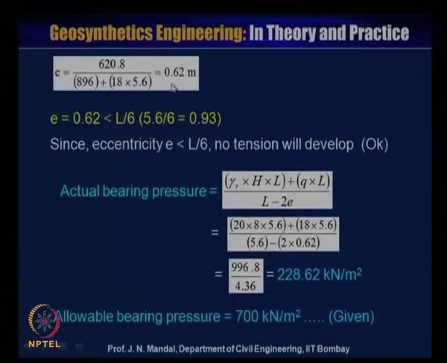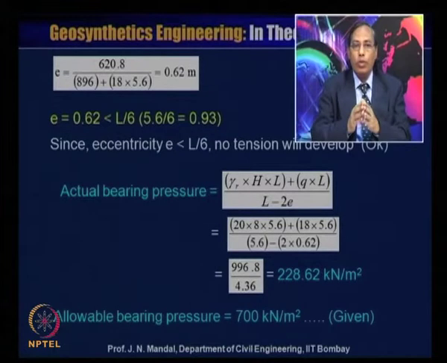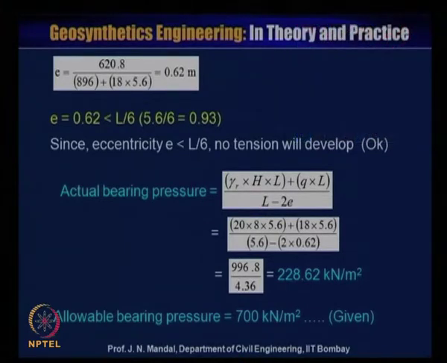So, eccentricity is 0.62 meter. Here E is equal to 0.62 meter, that means less than L by 6, that is 5.6 by 6, which is equal to 0.93. Since the eccentricity value is less than L by 6, no tension will develop. That means it is okay.